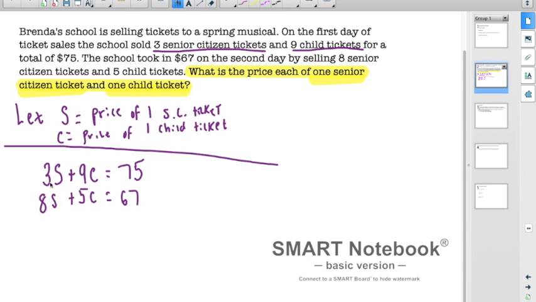Because there's not really a low GCF here. So what I'm going to do is eliminate C. I'm going to multiply by 5 on top, everything by 5. But then on the bottom, I'm going to multiply everything by, what do you guys think?